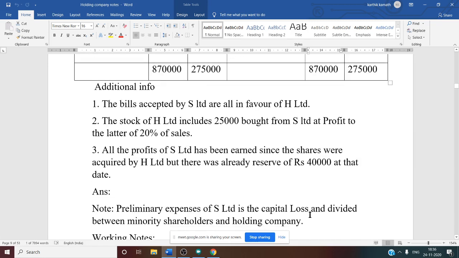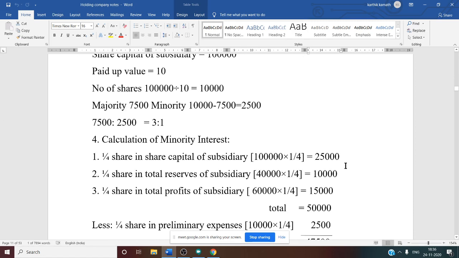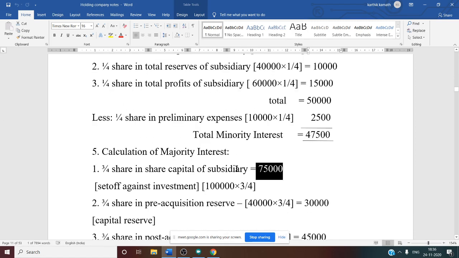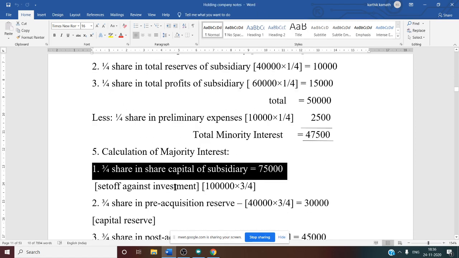So what is this under majority, first point? This is nothing but paid up value, under separate working note. Under paid up value, you have to show this amount set off against investment. That means from investment, you have to deduct the paid up value in order to find out whether there is any cost of control.